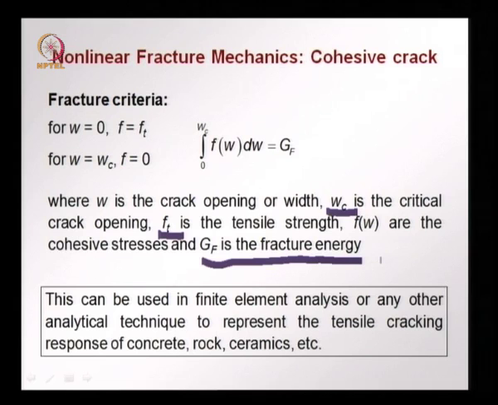Now, this representation can be used in finite element analysis and any other analytical technique to represent the tensile cracking response of materials such as concrete, rock, ceramics, even polymers. When we have other modes of fracture, this curve can be modified to include the effects of mode 2 and mode 3, but it has been very much used in the more critical failure that occurs in these materials, that is in mode 1.